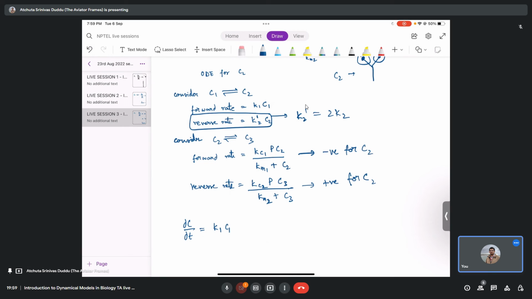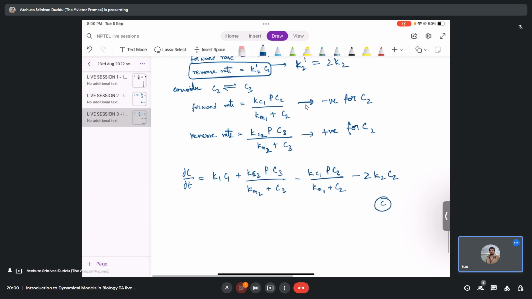So we have K1 C1 plus KC2 P C3 by KM2 plus C3 minus KC1 P C2 by KM1 plus C2 minus 2 K2 C2, right? So our answer would be option C, since that's the correct equation.